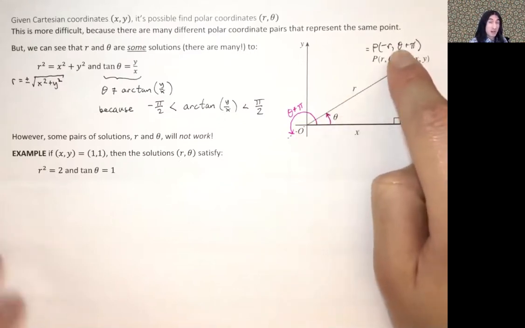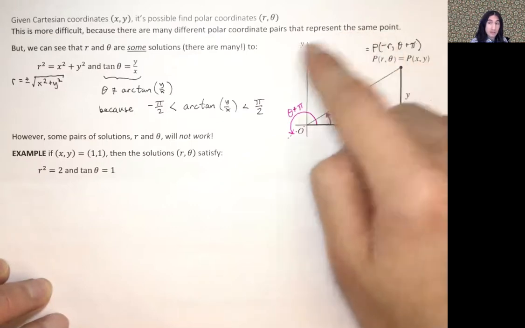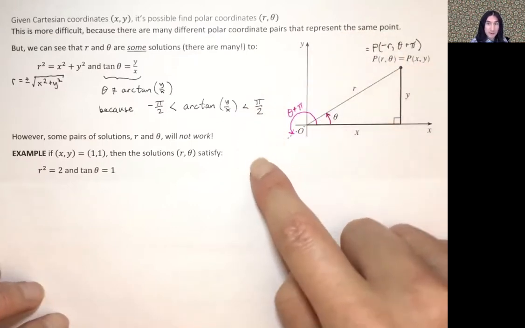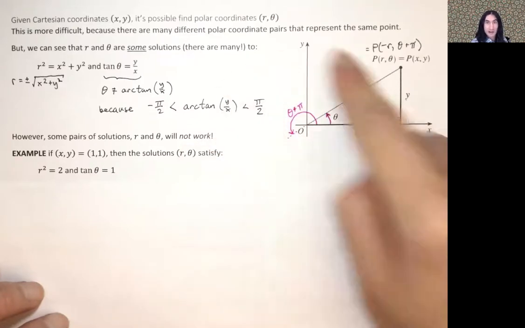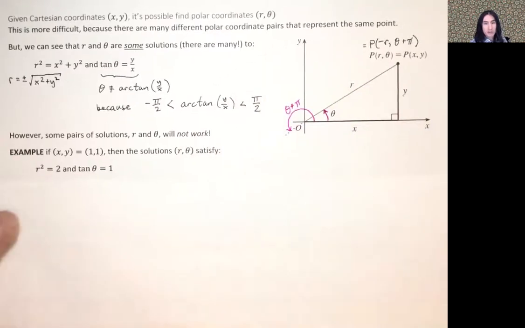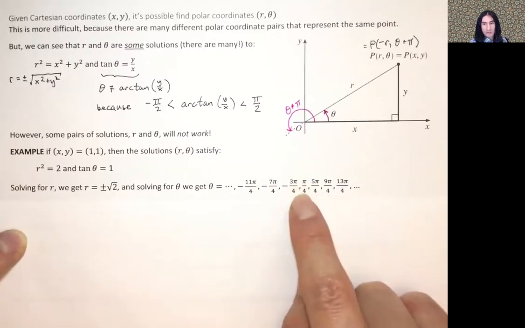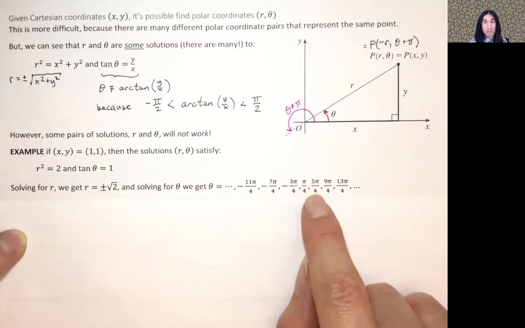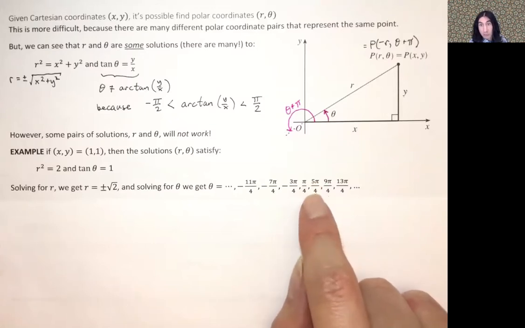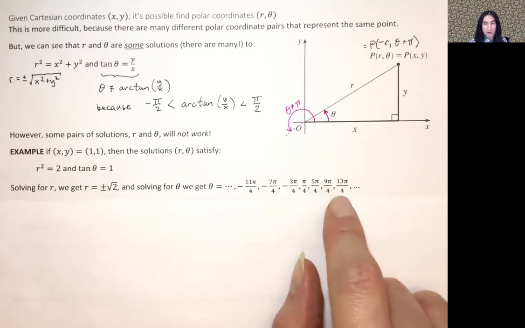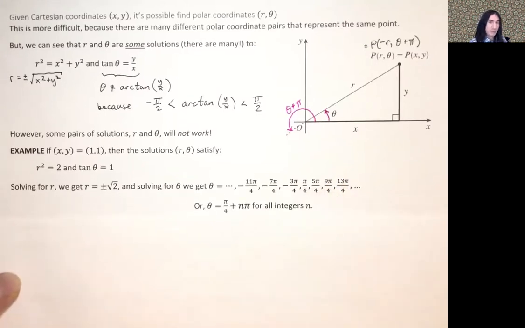But because tangent has a period of pi, it also happens at right over here, 5 pi over 4. And again, it'll just keep repeating. So we actually have infinitely many values of theta that satisfy it. Here's pi over 4, and then here's 5 pi over 4, that's plus pi. Add another pi, we're at 9 pi over 4, add another pi, we're at 13 pi over 4. So we get all those, pi over 4 plus any multiple of pi.